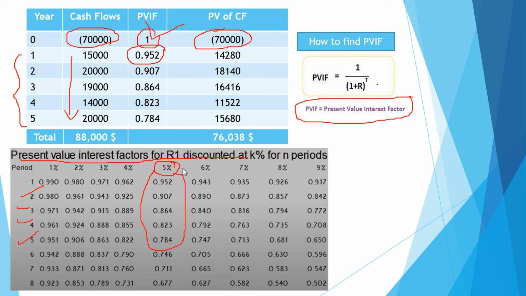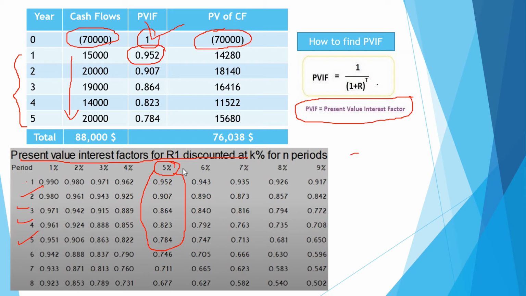So 0.952 and it continues going on here. Also, we can calculate that PVIF is equal to 1 divided by (1 plus R) to the power of T. T means the times, how many times it will happen. Suppose we have to find this one.